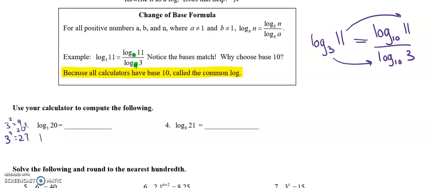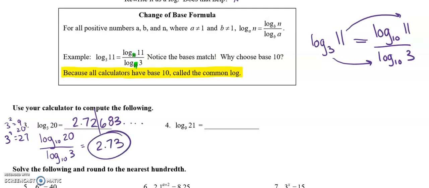Let's check. If we rewrite this, we say log base 10 of 20 over log base 10 of 3. On the calculator, log of 20 divided by log of 3 equals 2.72683, and so on. Let's round to the nearest hundredth, which gives us 2.73.